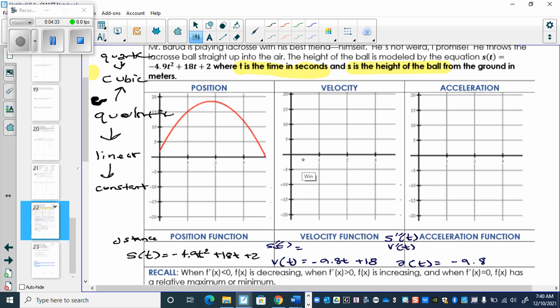Okay, now let's graph this function. So it's going to hit this y value. Here's 18, somewhere around there. This is 18, this is 0, 18. Okay, now it's going to hit the x-axis at that maximum. Remember, right here, v(t) equals 0.